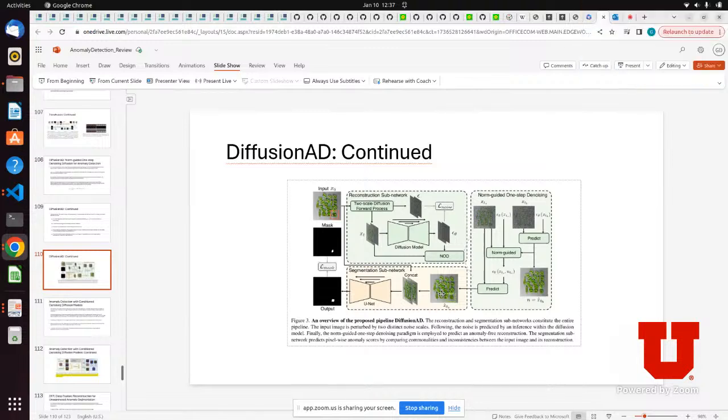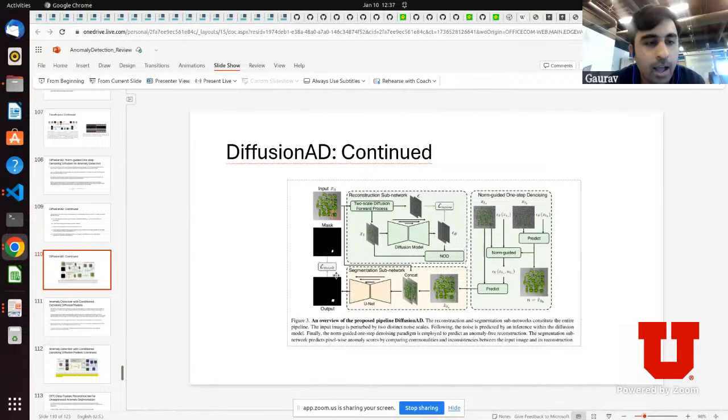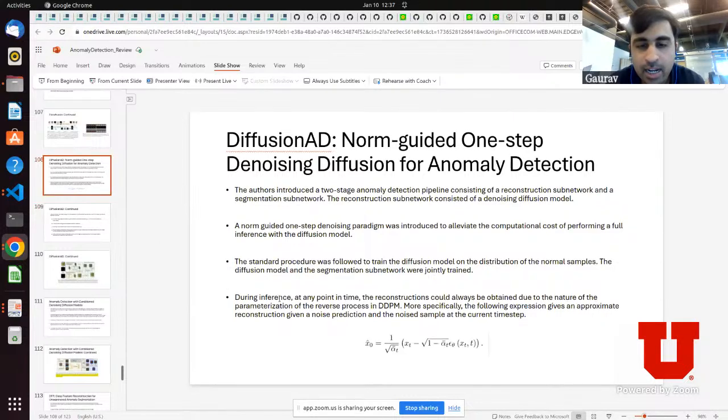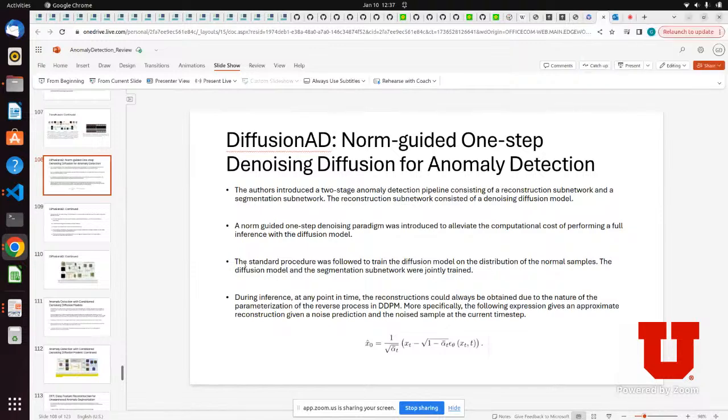Okay. What else about this paper? I think that's a good discussion so far, to make the mask prediction and the following expression. I think this paper is done, right?